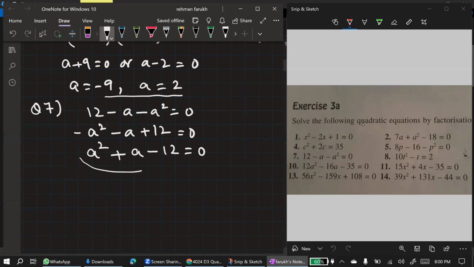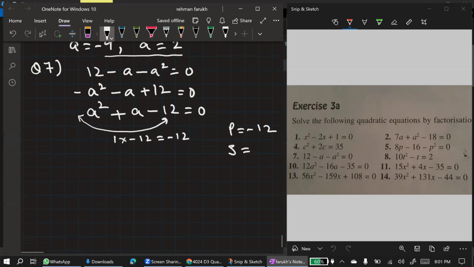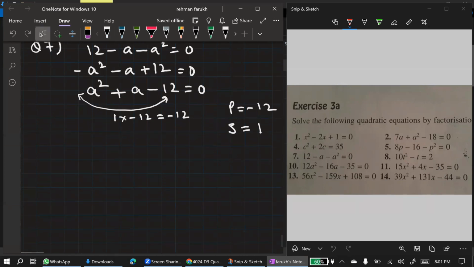Now we will multiply the coefficient of the first term with the last term. 1 into -12 is equal to -12. So the product is equal to -12 and the sum should be equal to the coefficient of the middle term, that is 1. Now we will factorize 12.